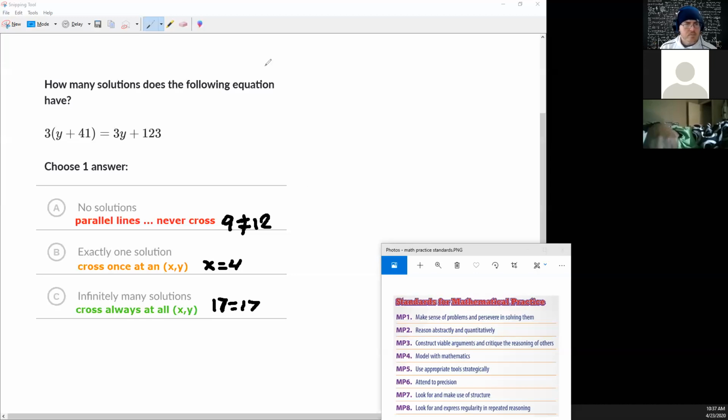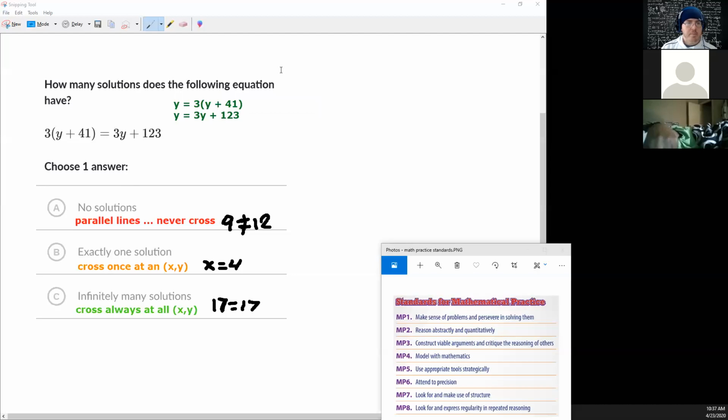So another thing that these problems took away from you is the ability to see that this problem they gave you really started out as y equals 3 parentheses y plus 41 and y equals 3y plus 123.